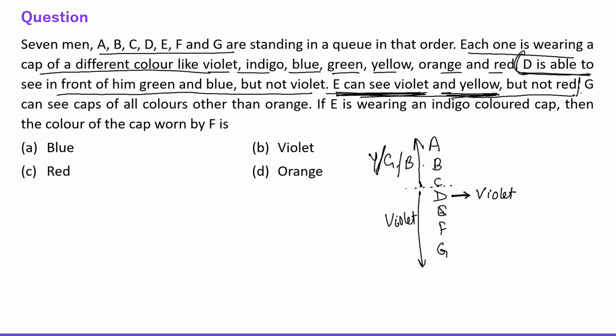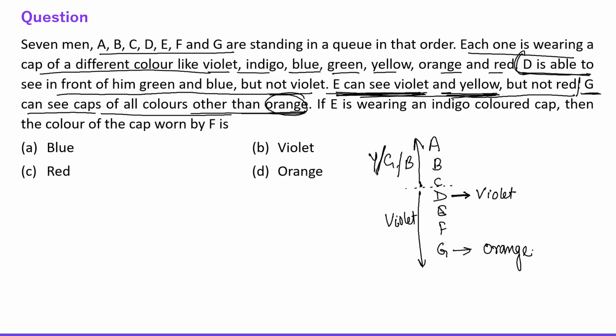Now let's talk about the next statement. G can see caps of all the colors other than orange. See, everyone, G can see the caps of all the colors other than orange. It means he won't be able to see the color of his own cap. So G is wearing an orange cap.